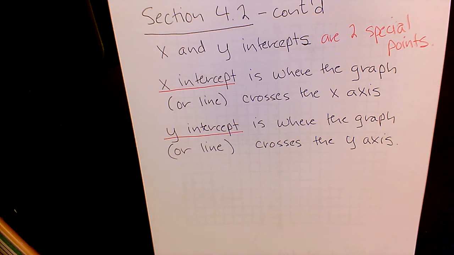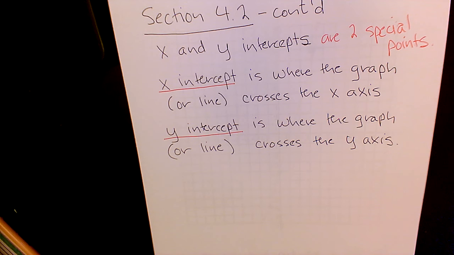That's the x-intercept. So that's a special point on the graph. The y-intercept is also a special point because that's where the line or the graph crosses or hits the y-axis.